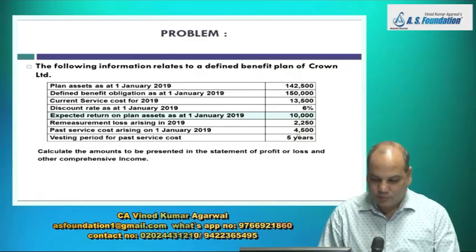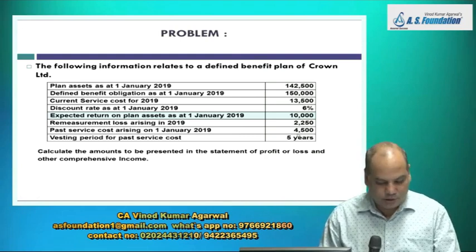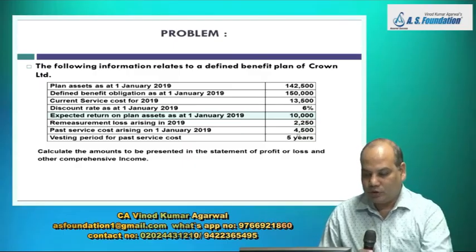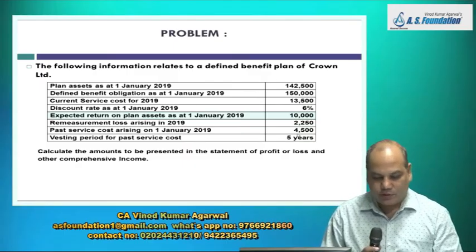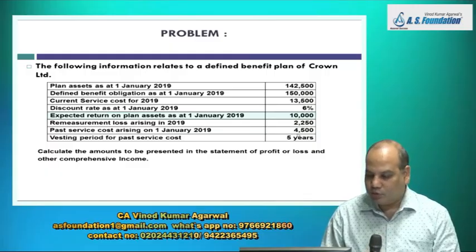And then vesting period for past service cost. Is it relevant? That is not relevant. It is 5 years. So now the question is, compute the amount to be presented in the statement of profit or loss and other comprehensive income.